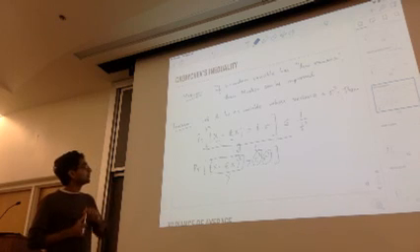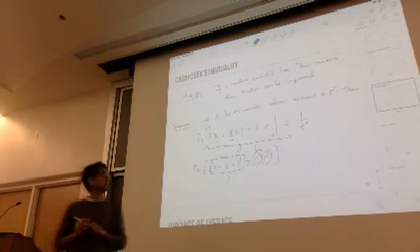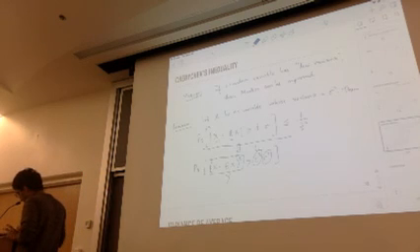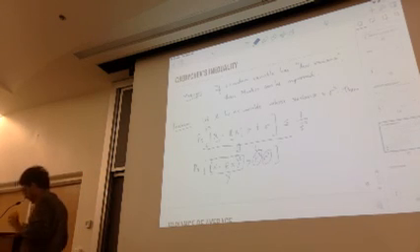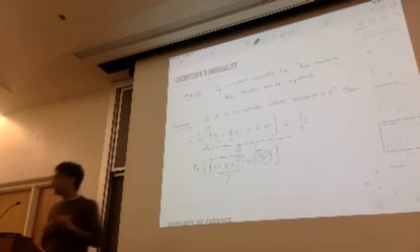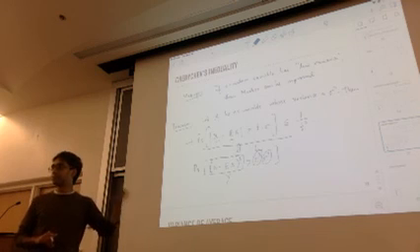Alright, so why is this useful in our context? Let's go back to our setting. I want to use this inequality in our sampling setting.